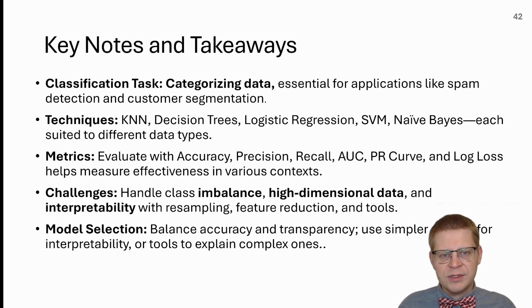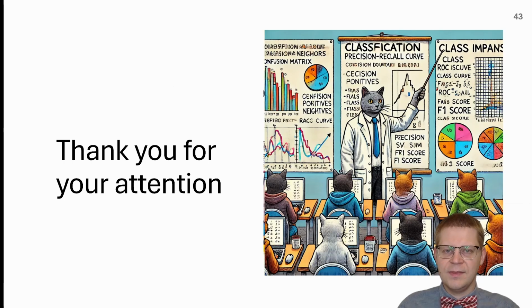We also discussed metrics that help measure model performance, from basic metrics like accuracy, precision, and recall to advanced metrics like AUC, precision recall curve, and log loss. These metrics provide insights into how well a model works in different situations. And we reviewed real-world challenges such as class imbalance, complex data, and interpretability.